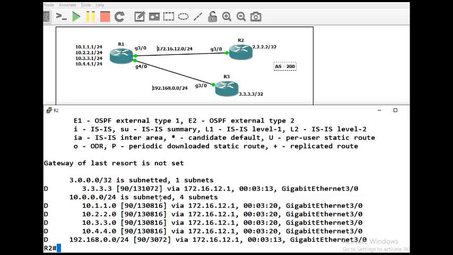Why are they not the same? The reason is this 192 is physical. Router 2 learns about 192 via router 1. It also learns about loopback via router 1.